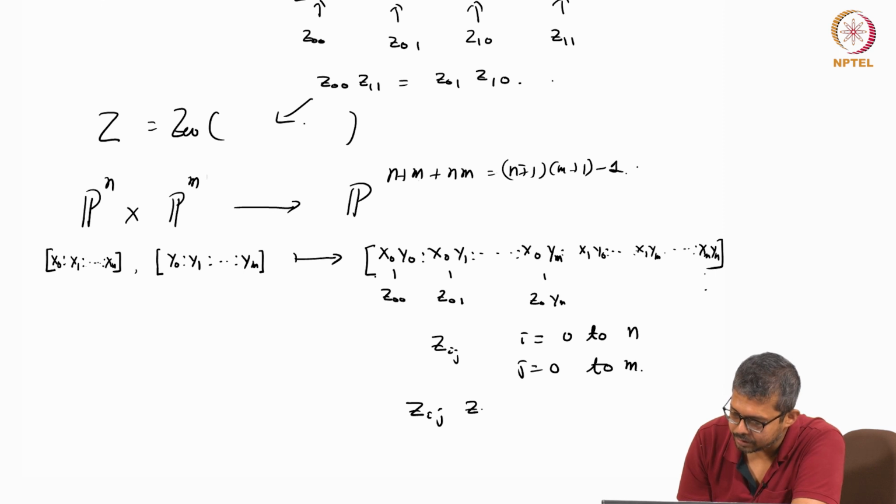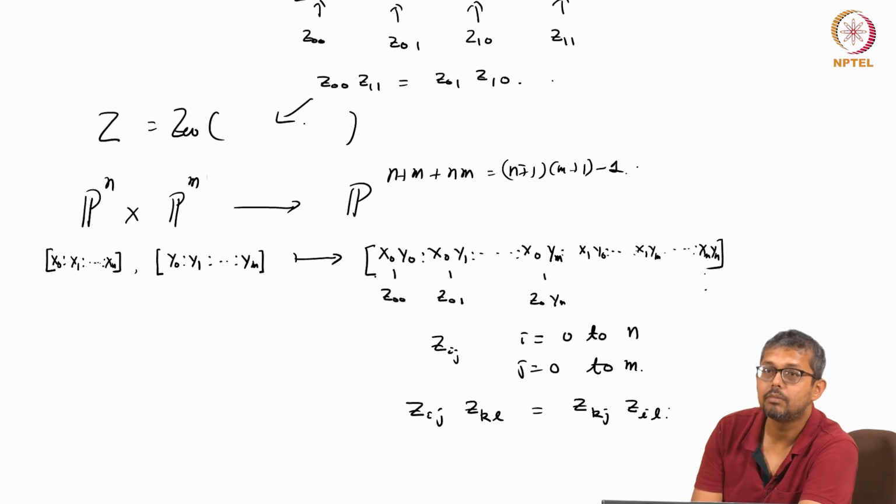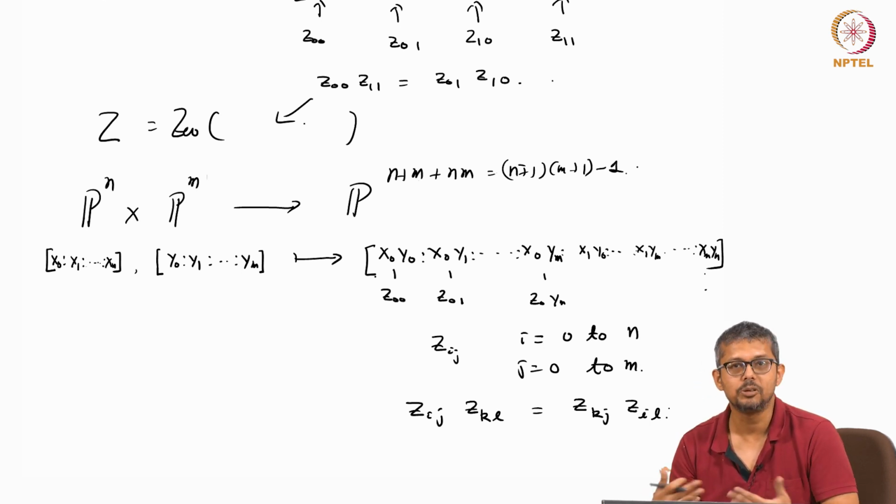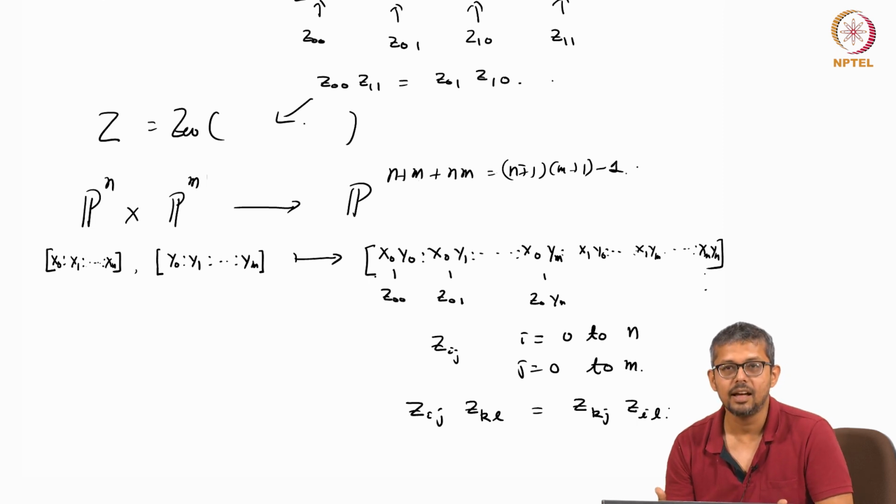Now you see that zij times zkl is nothing but zkj times zil. So you have such equations, and you take the zero set of these homogeneous polynomials.